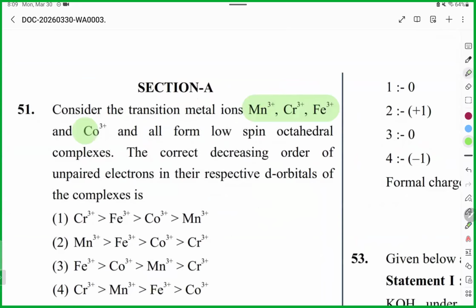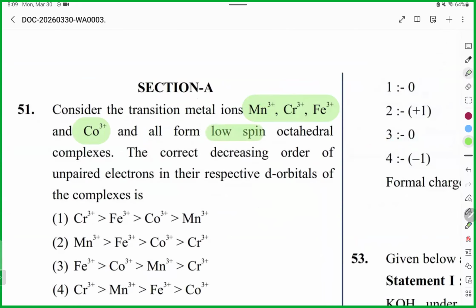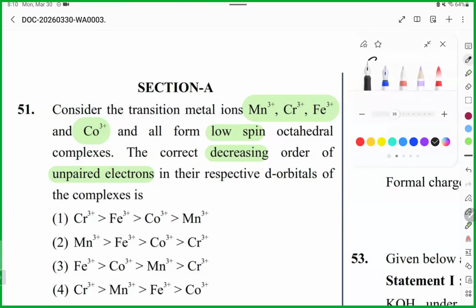These elements all have low spin, octahedral nature. Correct the decreasing order of unpaired electrons in the respective d orbital. Make it fast. For every question you will have 1 minute, so we can solve more questions.